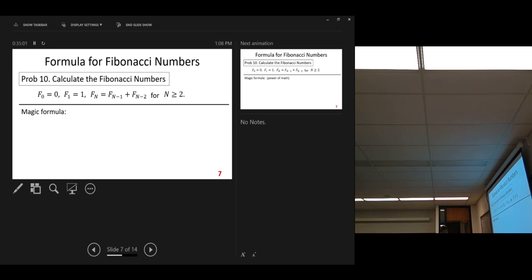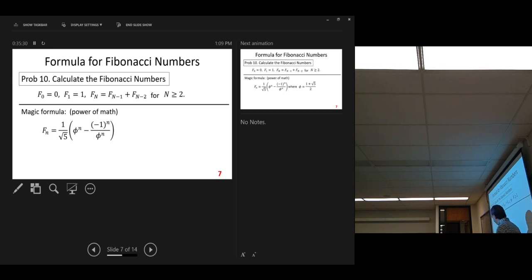All right. Formula for Fibonacci numbers. The magic formula. It's hard to believe people can get this formula. How can anyone find it? That's why it's something like magic. You will see the power of math. From using math tools, we can find it.